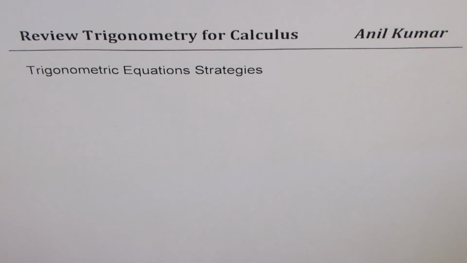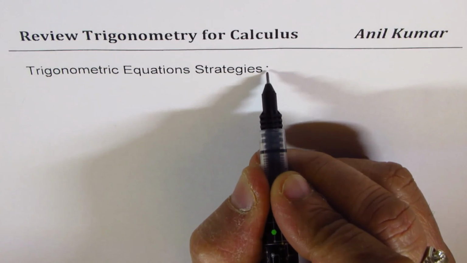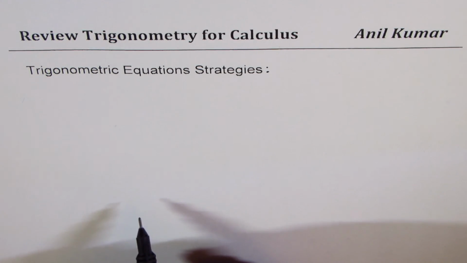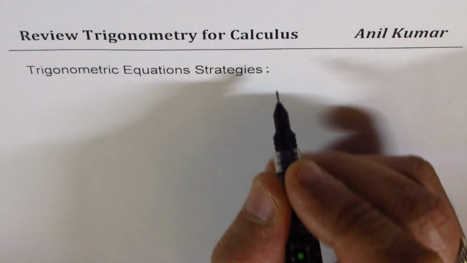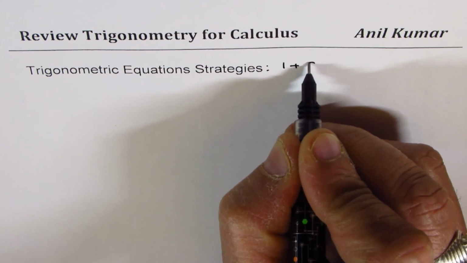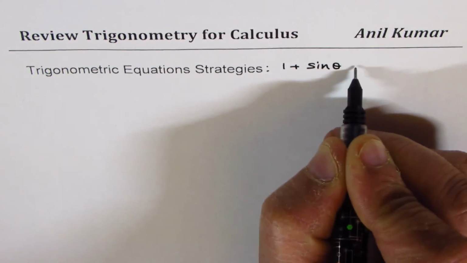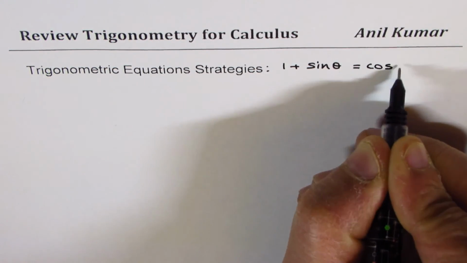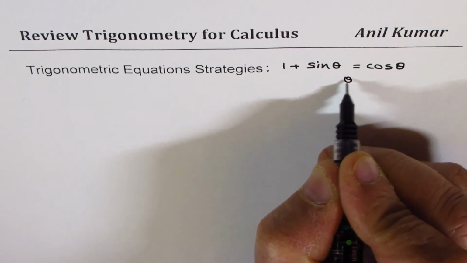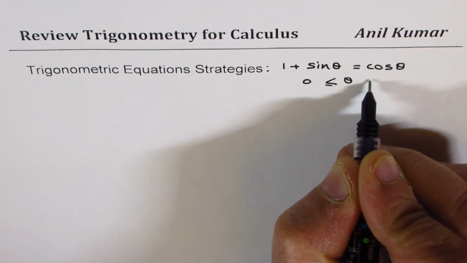Now let us see how to solve trigonometric equations. We'll try to understand a strategy here. Let me take an example: 1 plus sine theta equals cos theta, and let us say theta is between 0 and 2 pi.